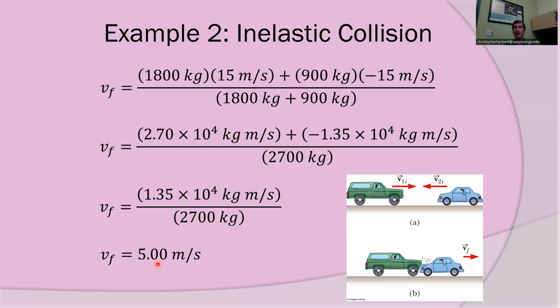Now, if we do a kinetic energy analysis of this, it's not all that hard. Both cars were traveling with the same speed, so the total kinetic energy before the collision would have been 1/2 the total mass, 1800 plus 900, times the velocity squared, because 15 squared is the same as negative 15 squared.